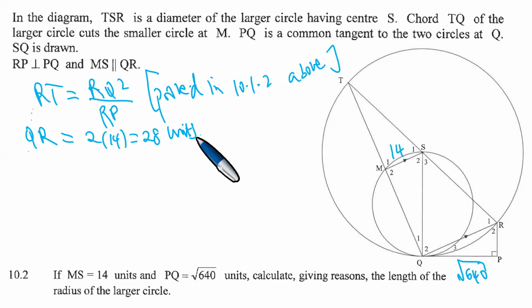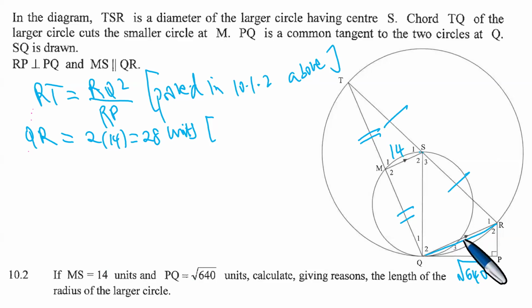Like so. Because if this is the midpoint, this is the center, so this is a radius and that's a radius. If this is parallel to this, then by the midpoint theorem the length of this side is the same as this one by a factor of 2.